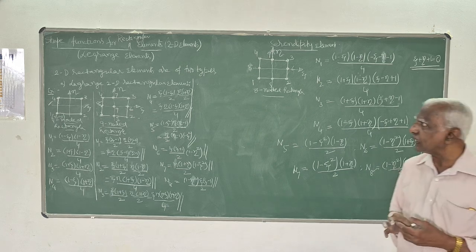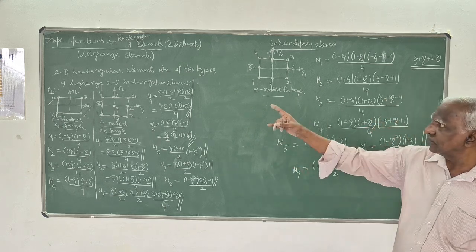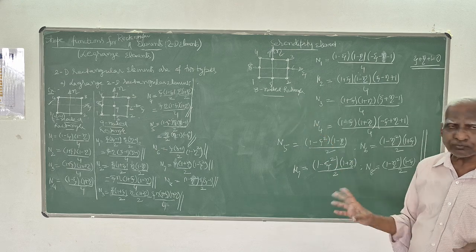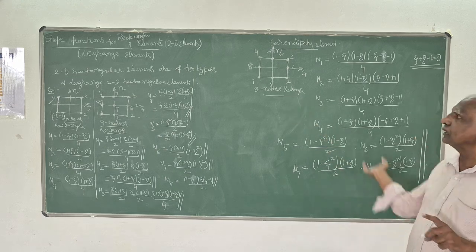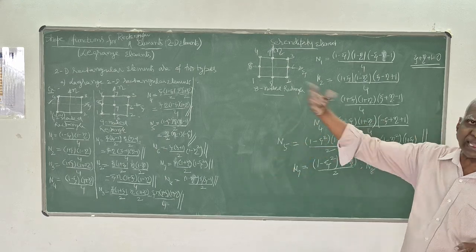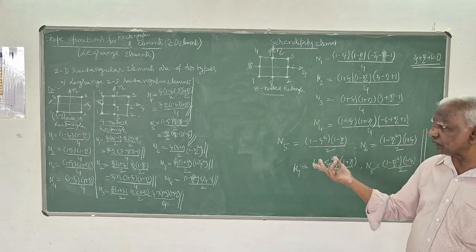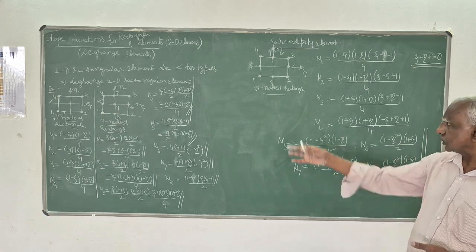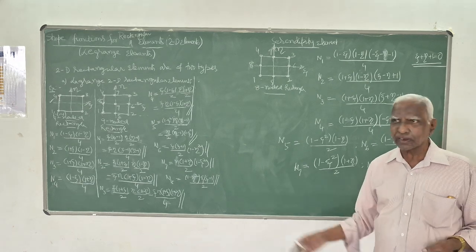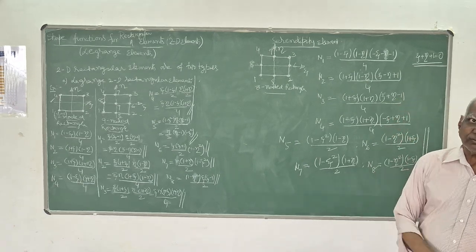With this, we have completed shape functions, both for 2D elements as well as 1D elements. 1D elements you have to remember, and 2D also you can write in a similar fashion.